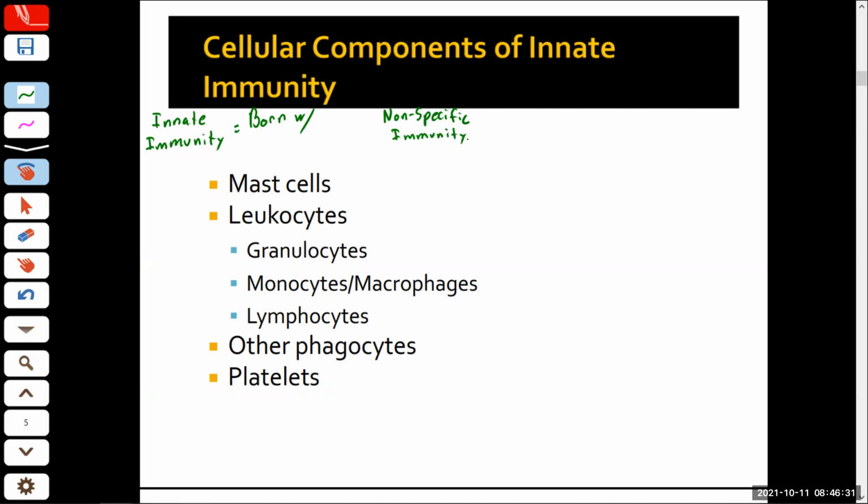It is non-specific because it treats everything the same way. It doesn't matter if it's bacteria, a parasite, an amoeba, or a cat. It treats everything the same way.